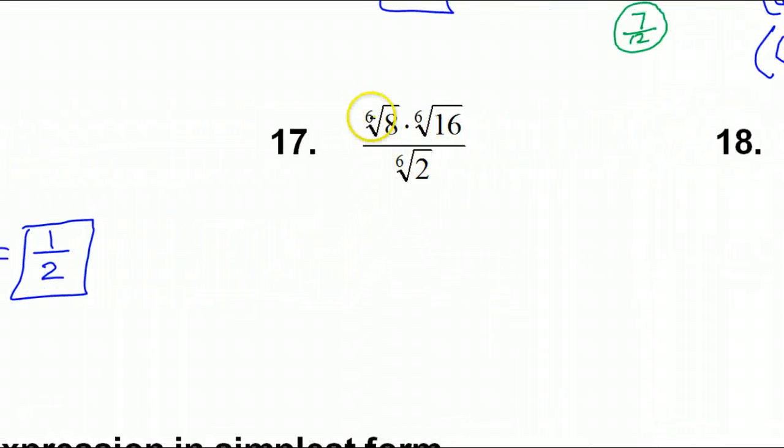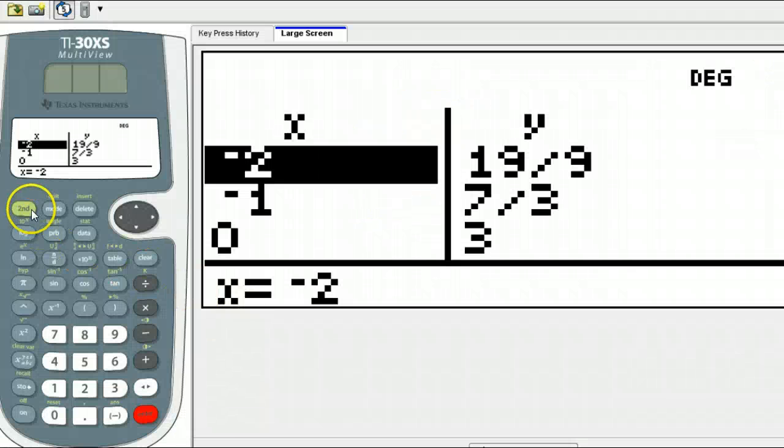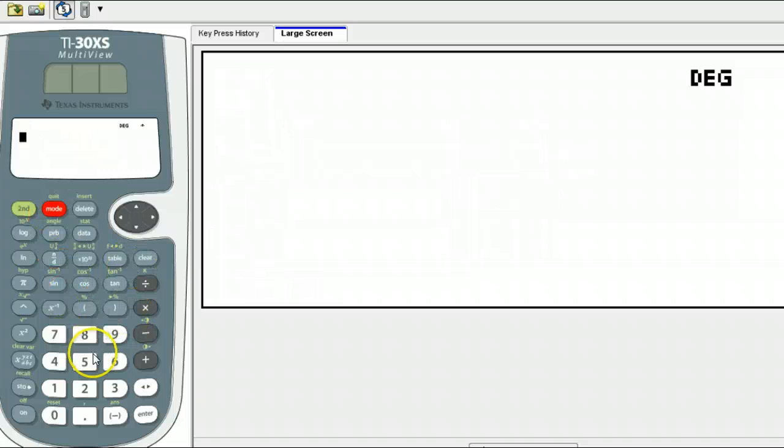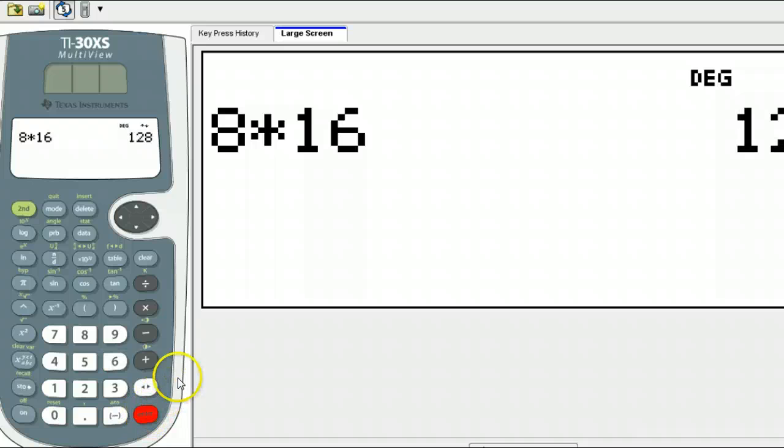Let's see, all of these have a root of 6. That means I can do the multiplication and then I can do the division. So first I'm going to do this multiplication. I'm going to have the 6th root of whatever 8 times 16 is. Okay, that's 128.